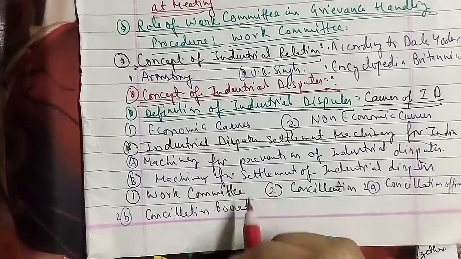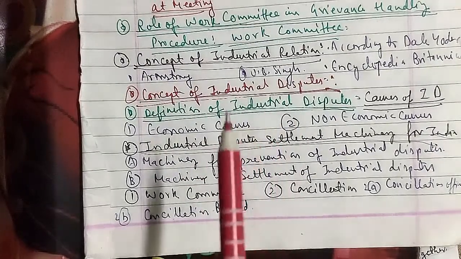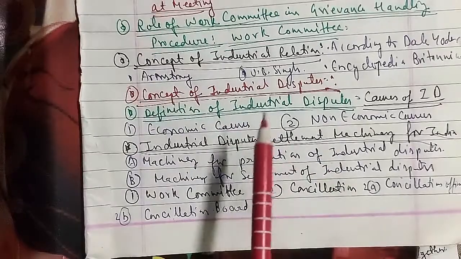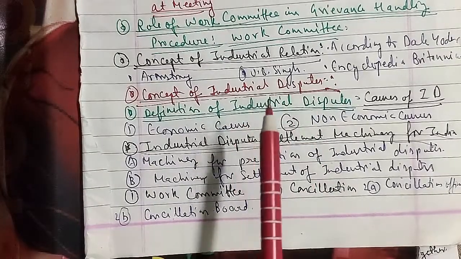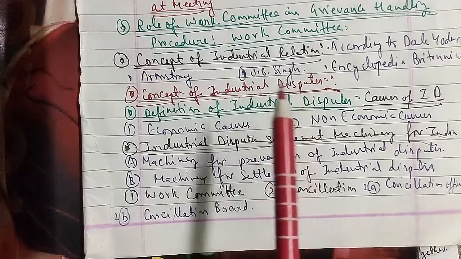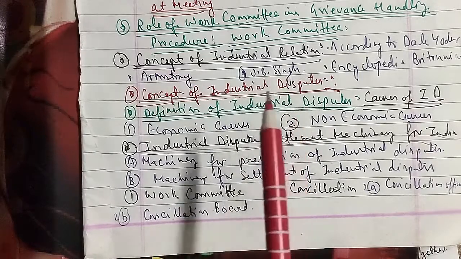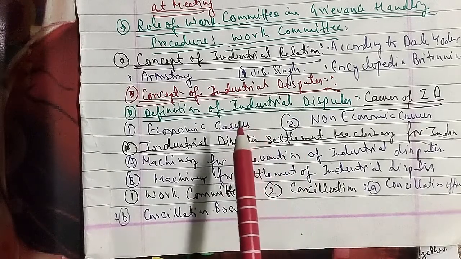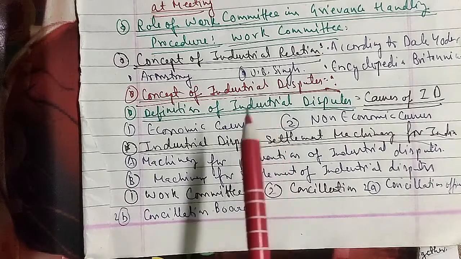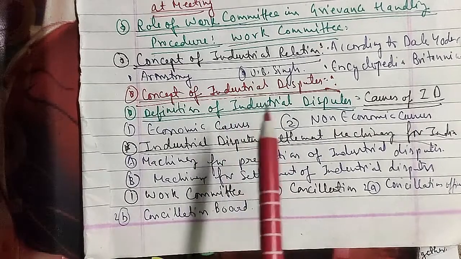In the case of the conciliation board, when the conciliation officer fails to resolve the dispute, the government appoints a board of conciliation on an ad hoc basis for the particular dispute, consisting of a chairman and two or four persons representing the employer and the employees, to bring the parties to the dispute to sit together and thrash out their differences as referred to by the government.